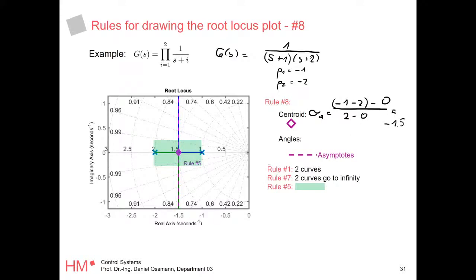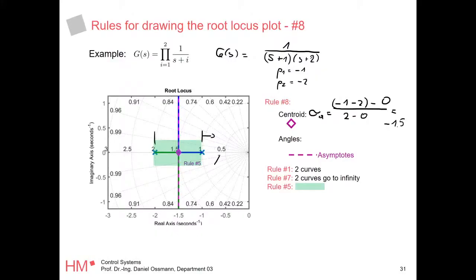Rule number 1 says we need to have 2 curves because we have 2 poles. We have a delta, so we have 2 more poles than zeros, so 2 poles need to go to infinity. And we're going to apply the rule on the right-hand side.